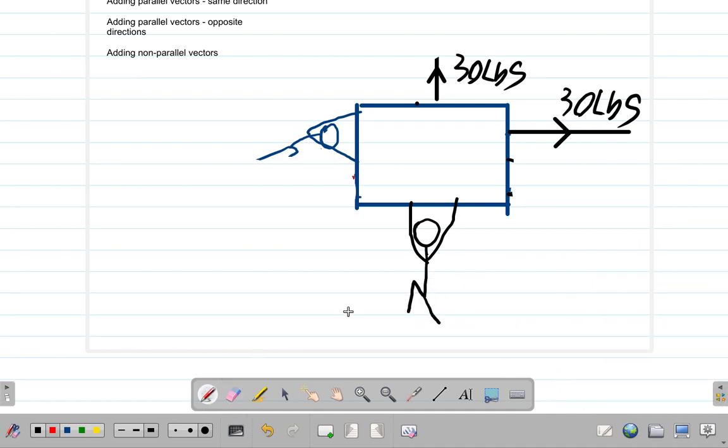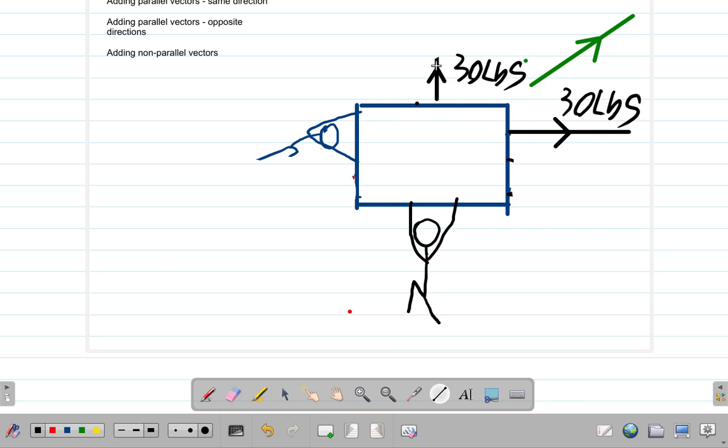But think about it. Would the table move? And if it moves, move in which direction? You can see that it would move. It would have some movement up in this direction, and it would have some movement to the right, like this. In other words, it would take some path in this direction.